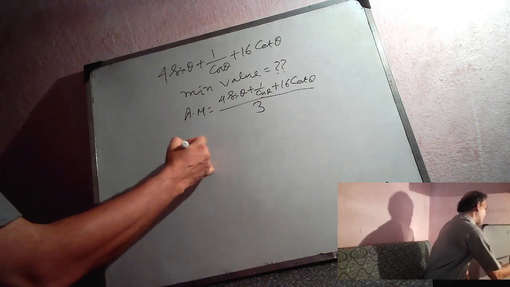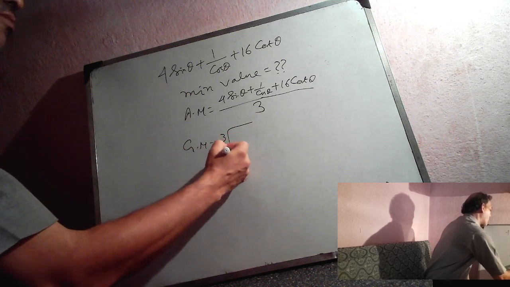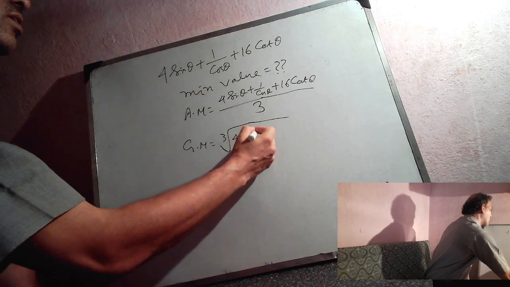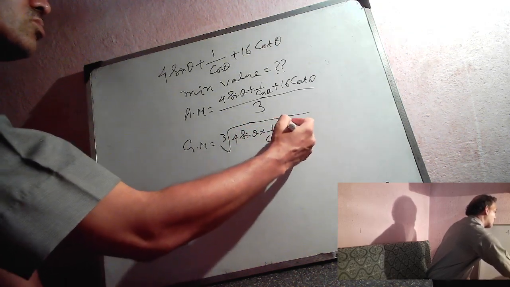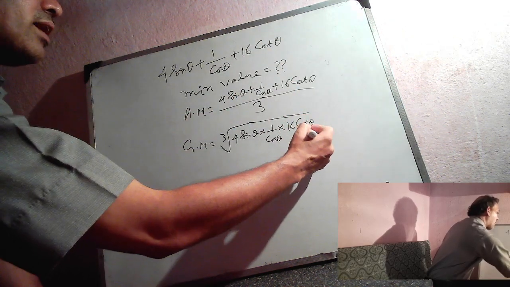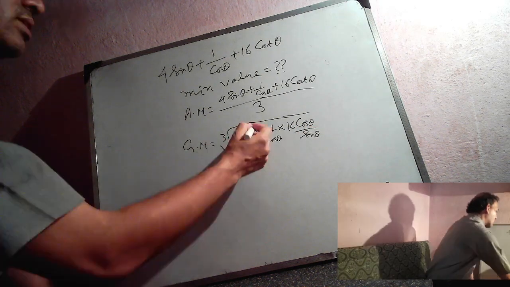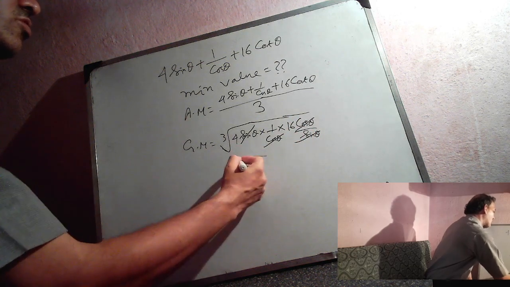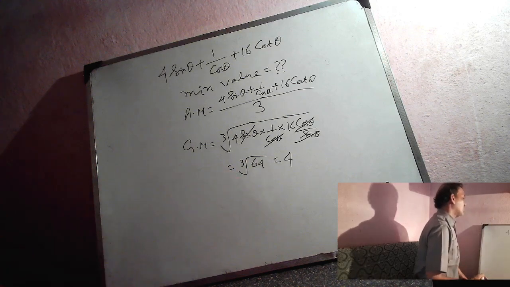Now GM will be the cube root of their product: 4 sin theta into 1 by cos theta into 16 cot theta. Cot theta means cos theta by sin theta. Sin theta and cos theta cancel. So the cube root of 64 equals 4. So GM is 4.